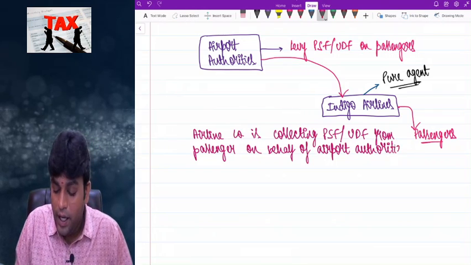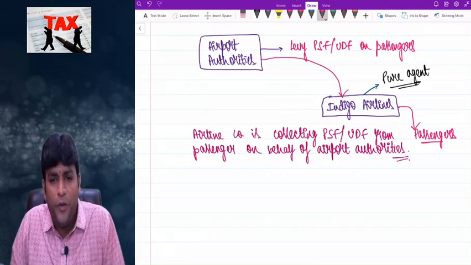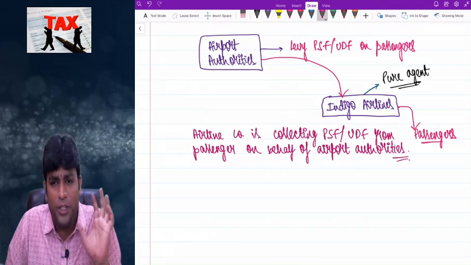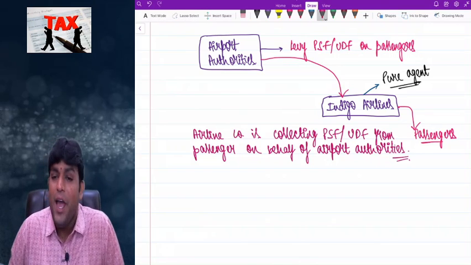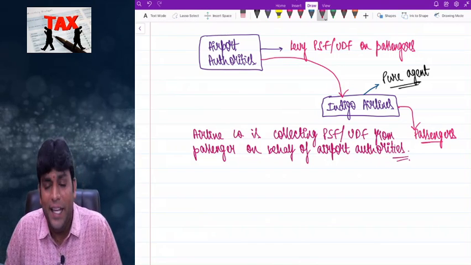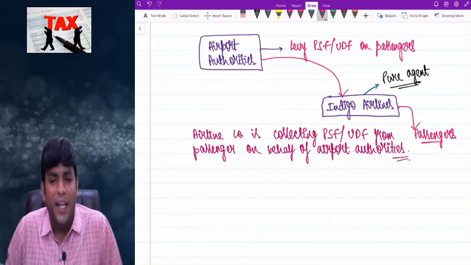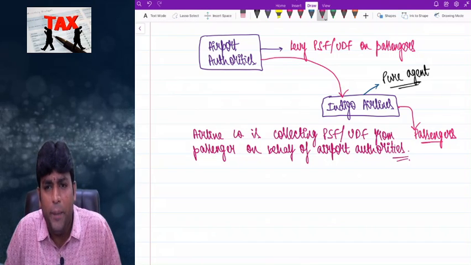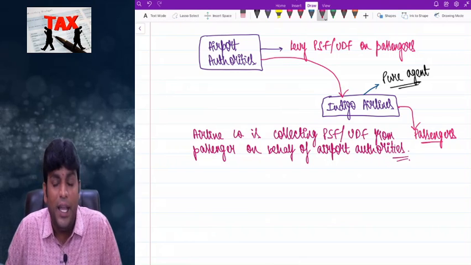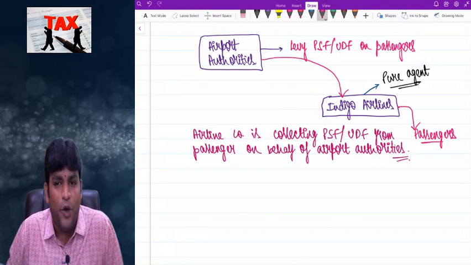Now, strictly speaking, who is supposed to collect that UDF or PSF? That's nothing but airport authorities. But instead of directly taking from the passenger, they have informed Indigo Airlines to collect that amount from the passenger and hand it over to the airport authorities. So strictly speaking, Indigo Airlines is giving service to the airport authorities, and the service is by way of collection of PSF or UDF.